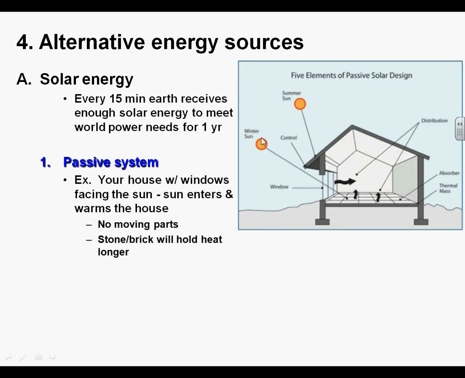Now in the wintertime, when the sun's at the other tropic, it's low on the horizon, and so the solar rays are able to come directly in through the window. I'm sure you've all experienced this with a candy bar in the front of your car. You have a candy bar in a car, call it a Milky Way, a Snickers, I don't care.